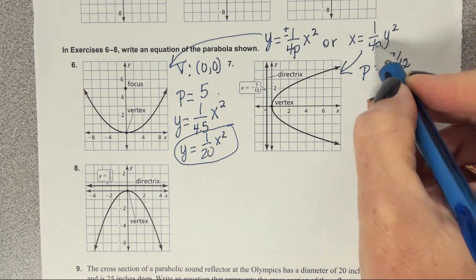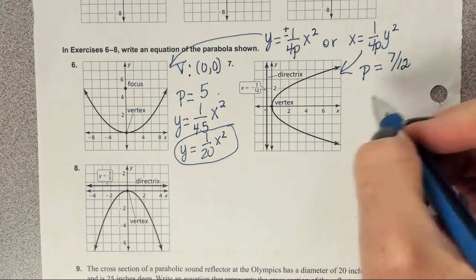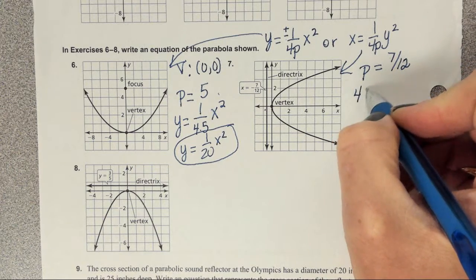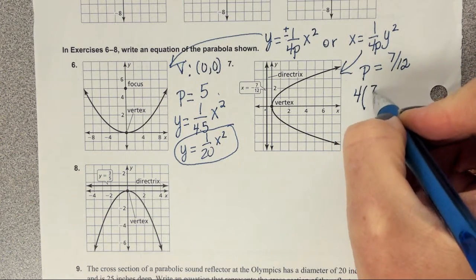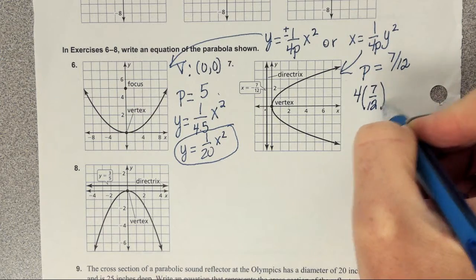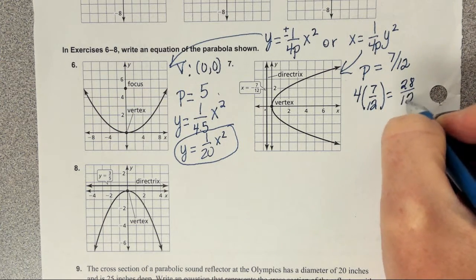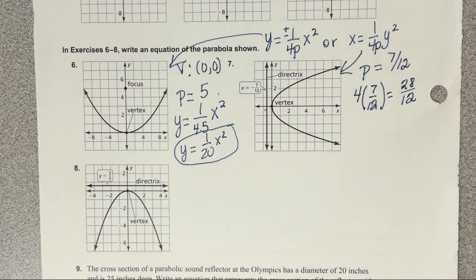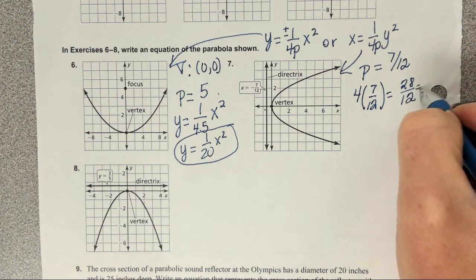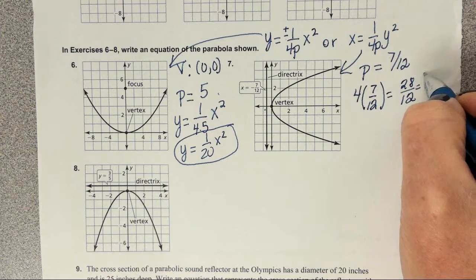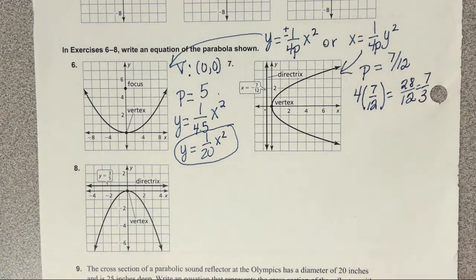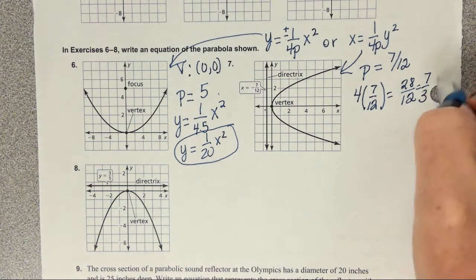So now I want to use 4p in the formula. So I'm going to have to do 4 times p. And so that's going to give us 28 twelfths. And what does that reduce to? 7 thirds. Okay, so that's the 4p value.